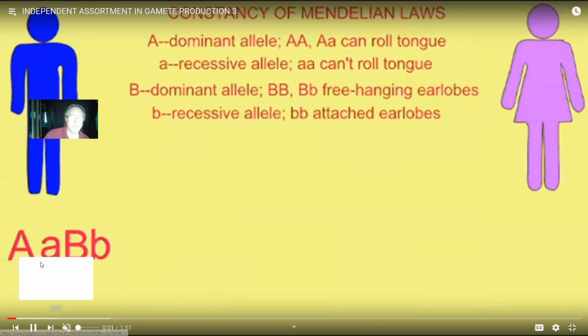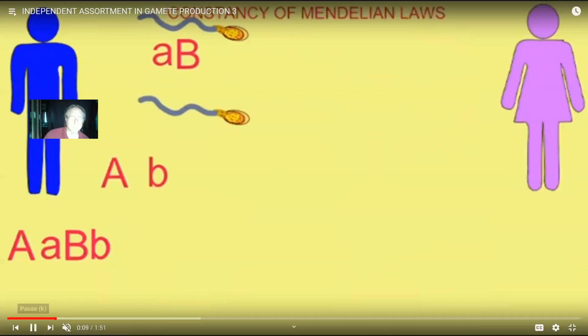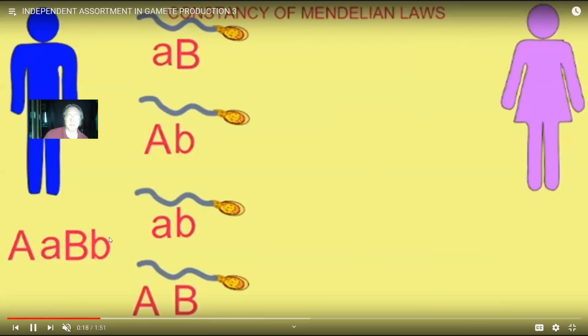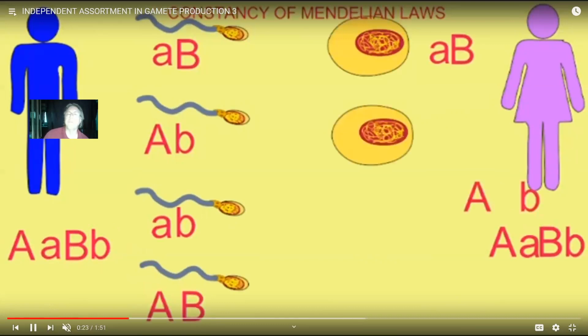Now, if an individual is heterozygous for both of these genes, then sometimes this allele is associated with that allele or with that allele. This allele could be associated with that allele or that allele. And so then there are four possible combinations.